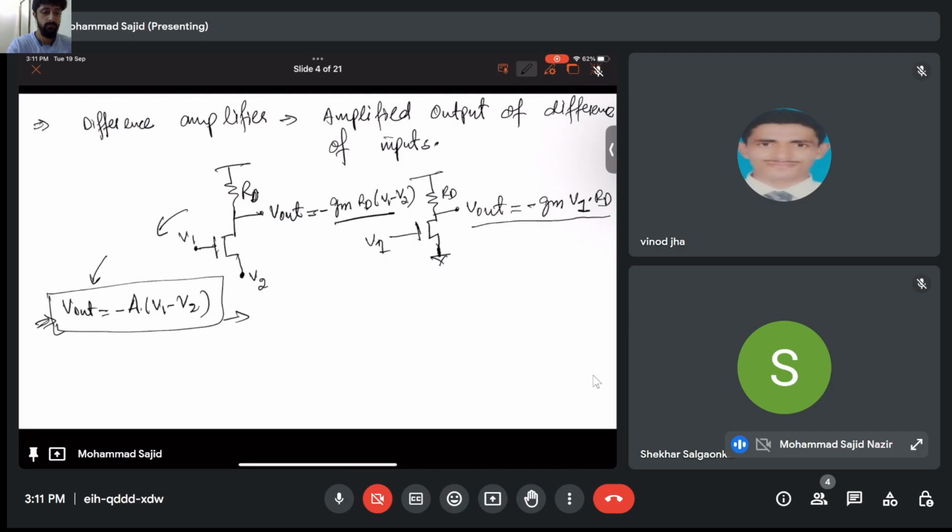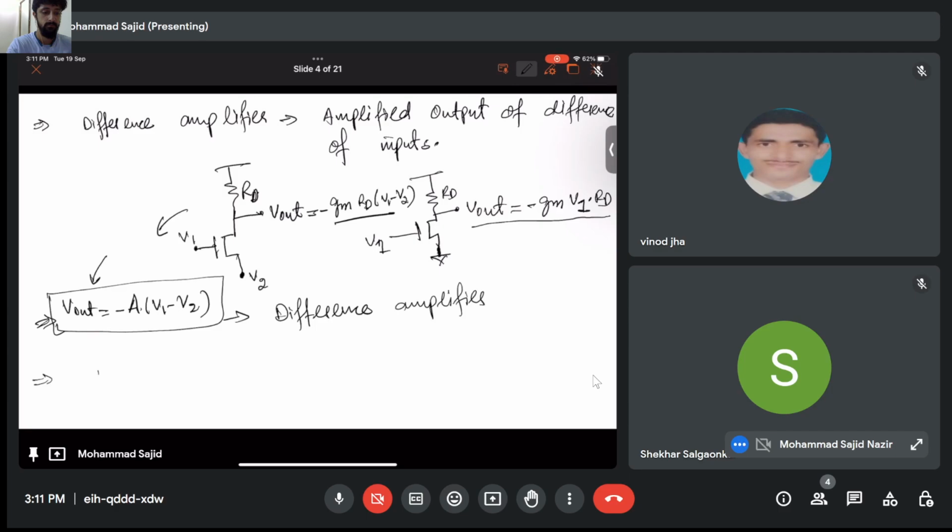So this is a difference amplifier as well. But why don't we use it? You will see in the next two to three slides that this is not what we use as a difference amplifier, because there are some issues.